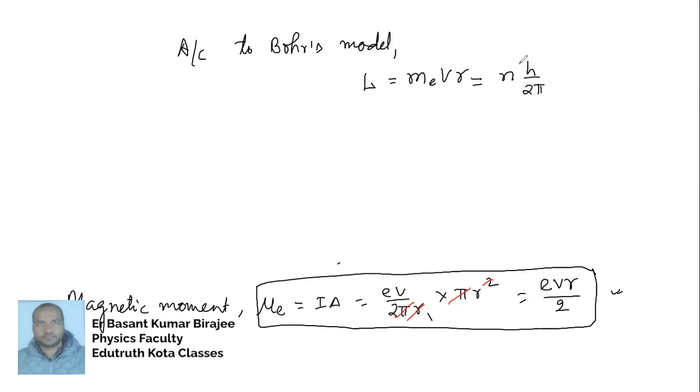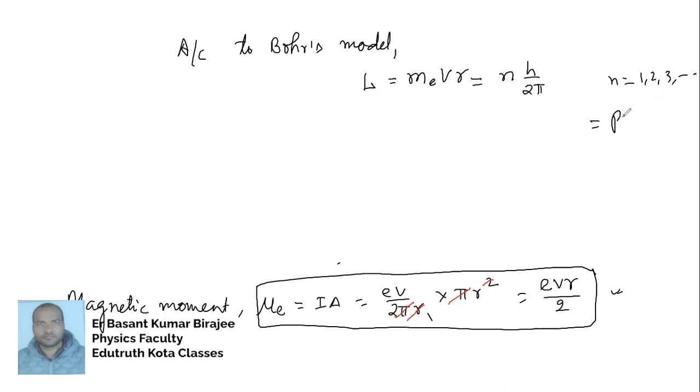Means if your electron is in the first orbit, you put the value of n as 1. This n represents the principal quantum number, the orbit in which your electron is located. If it is in the second orbit, you put n as 2. So n is an integer: 1, 2, 3, and so on.